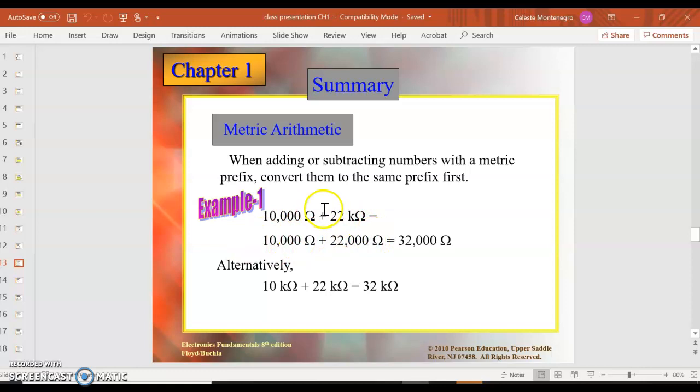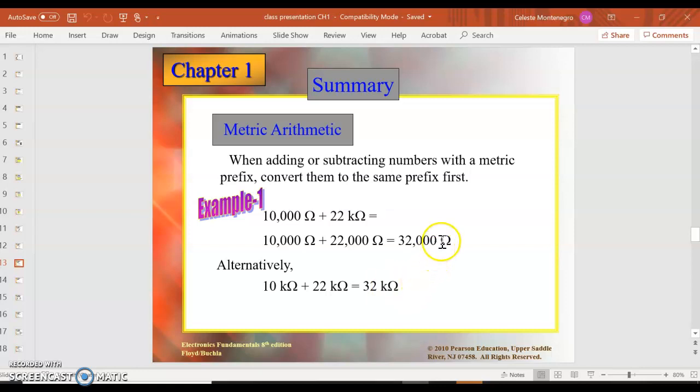In the first example, we are taking the 22 kilo and replacing the k by its representation, which is 10 to the power of 3. And so then we can add them. Likewise, we could have taken the 10,000 to the kilo, and then we could have added them. It is important to be careful when you are doing the exam or the homework to see how the answers are asked to be represented.